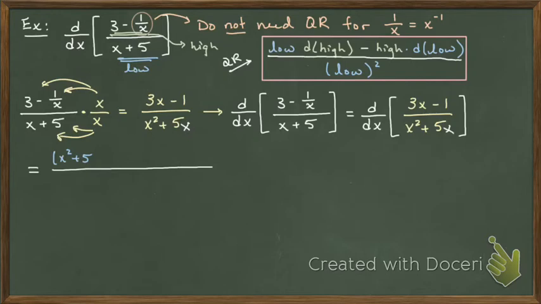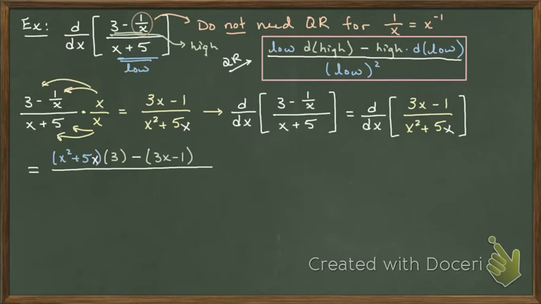I'm going to go through and take my derivative here. So the derivative of 3x minus 1 divided by x squared plus 5x should be low, the denominator, and I need an extra x in there. Sorry, I'm going too fast. So that's low d high, derivative of the numerator.